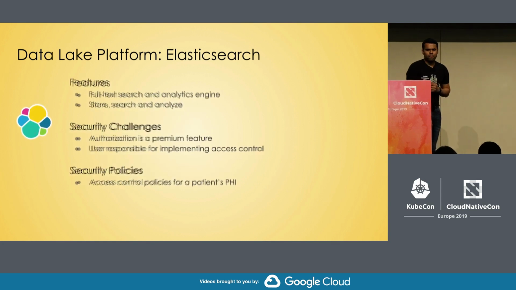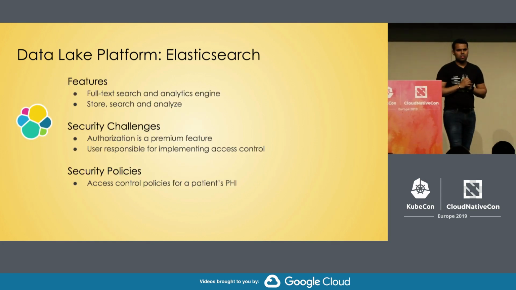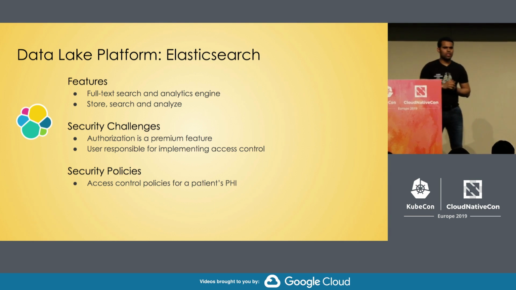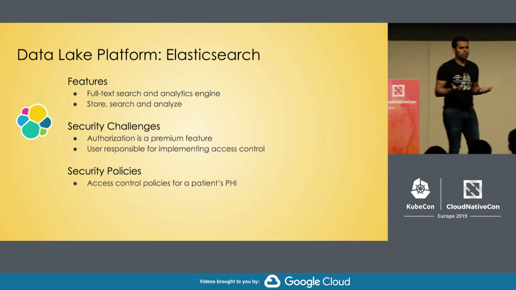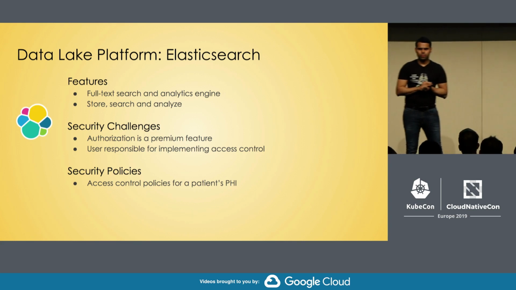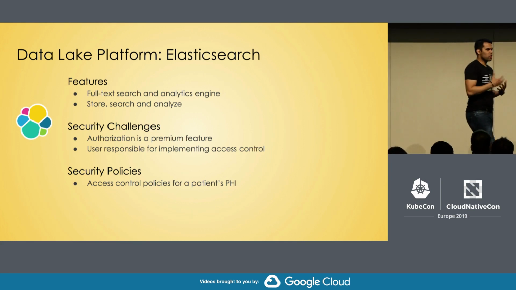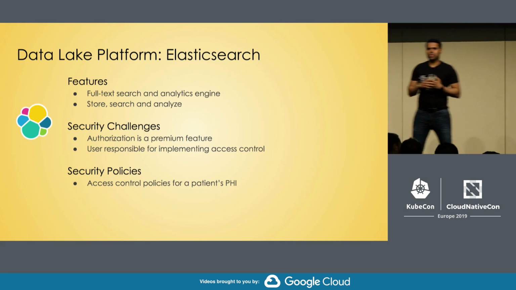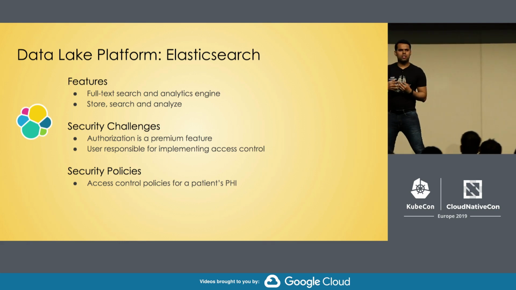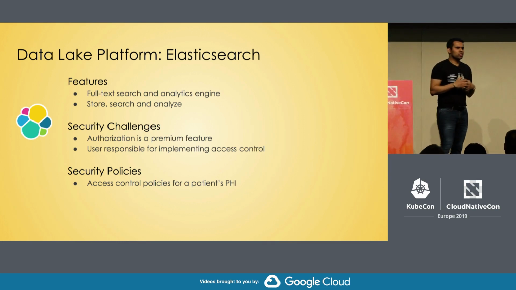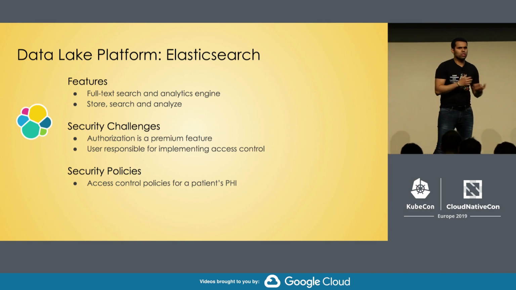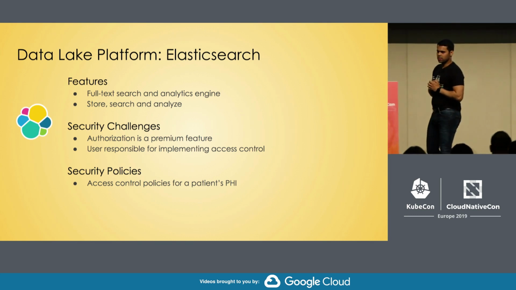And lastly, we have Elasticsearch, which is a full-text search and analytics engine. It's capable of storing, searching, and analyzing vast amounts of data in almost real time. Again, the security in Elasticsearch is more of a premium feature, at least the authorization. So it's an exercise left for the user to implement access control policies.